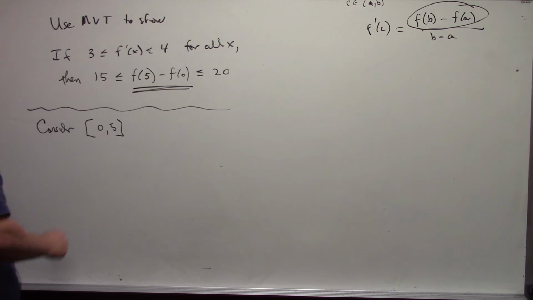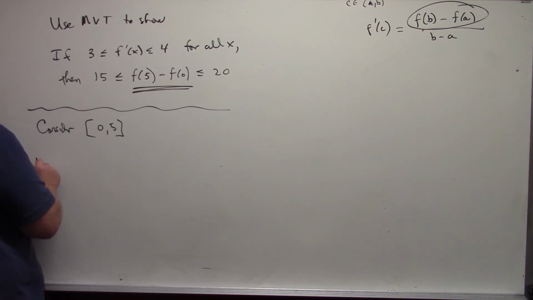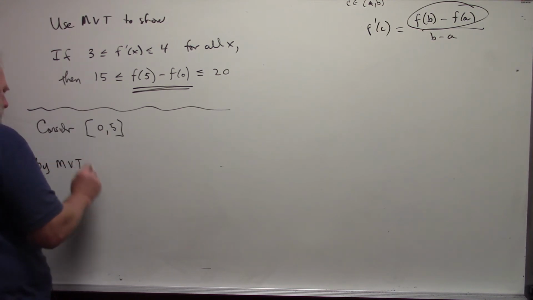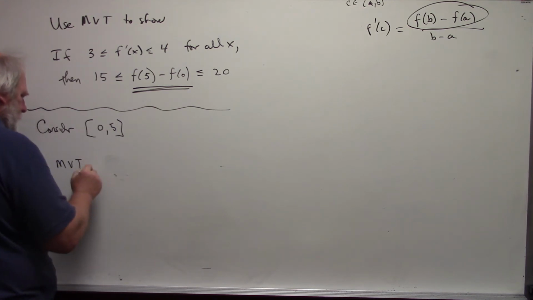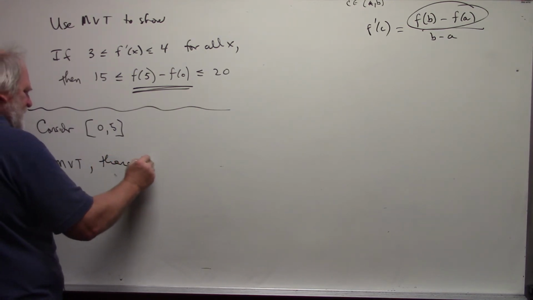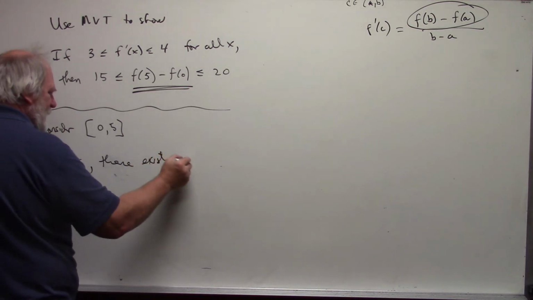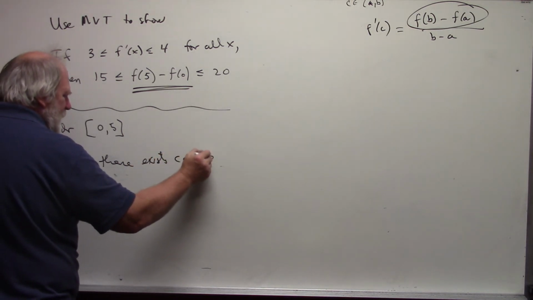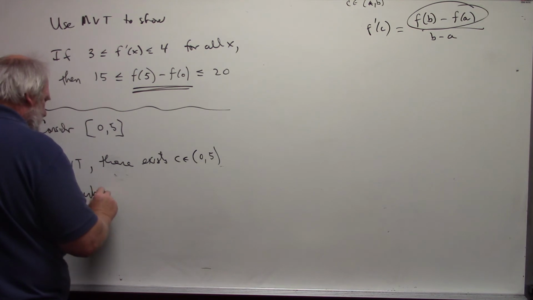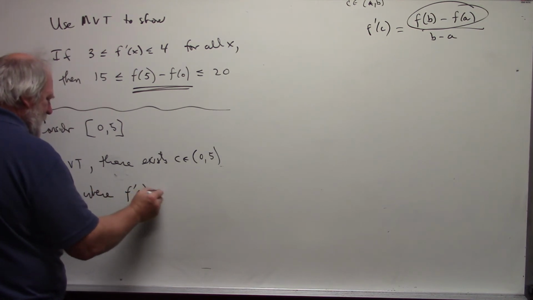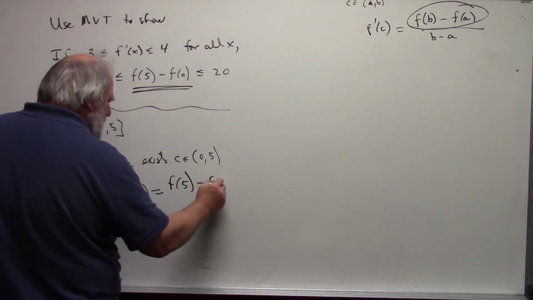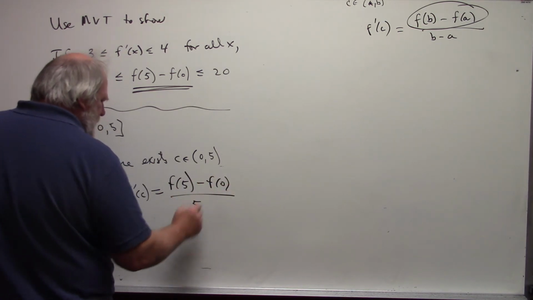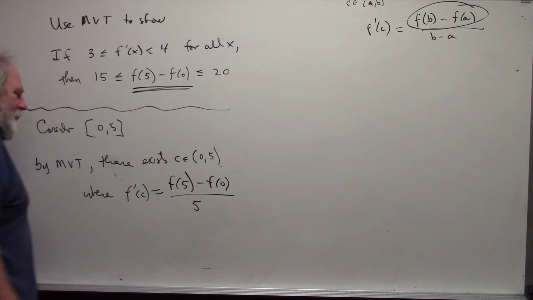Then, by MVT, we know there exists some c in the open interval from 0 to 5 where f prime at c is equal to f of 5 minus f of 0 over 5 minus 0, or just 5.